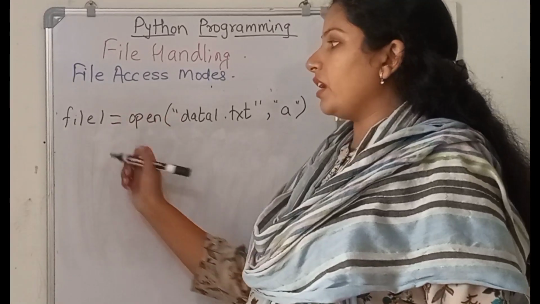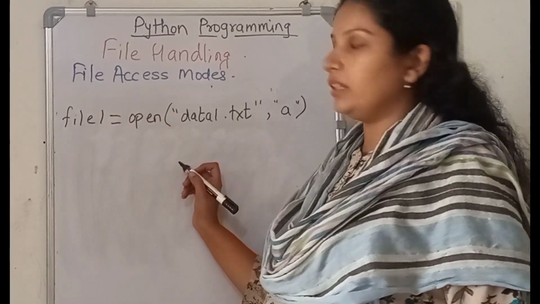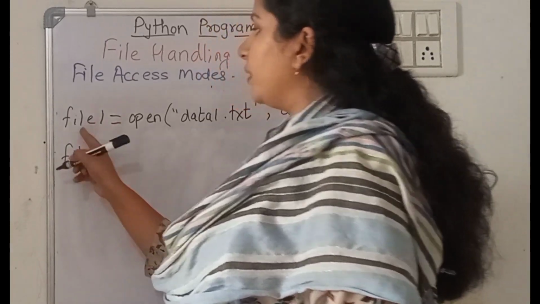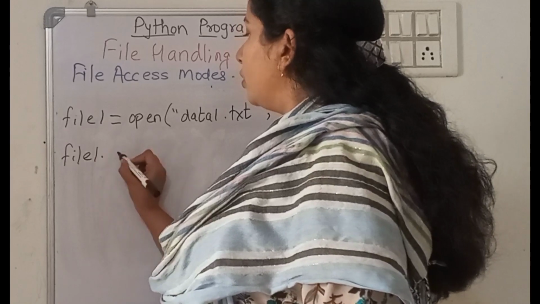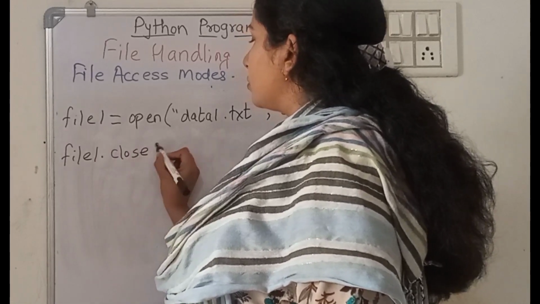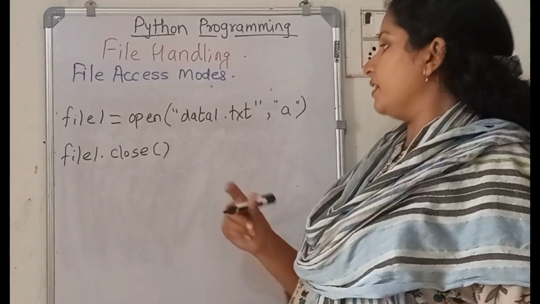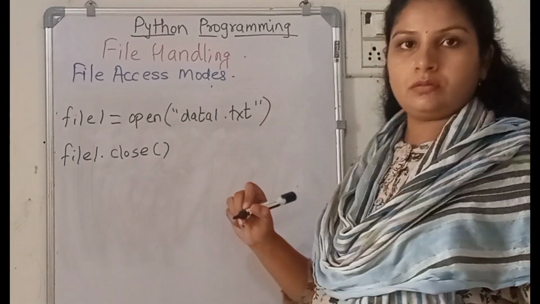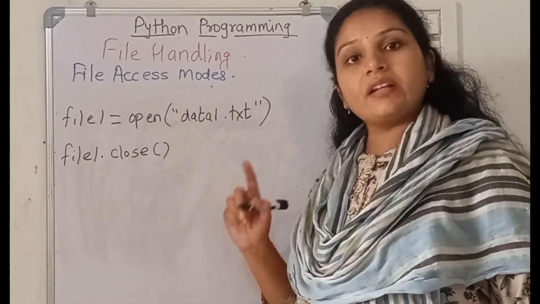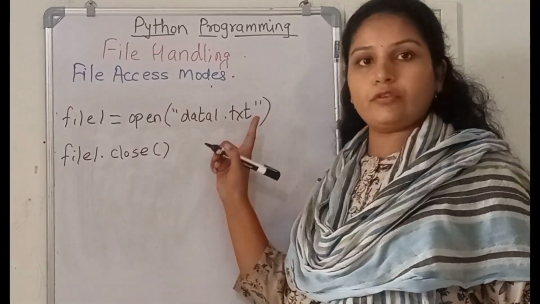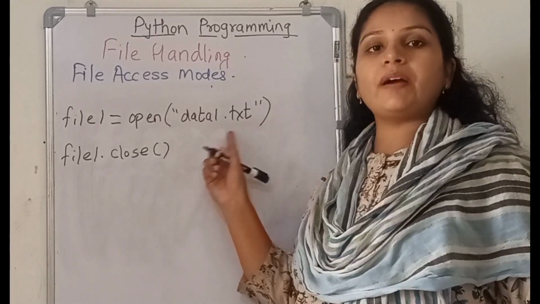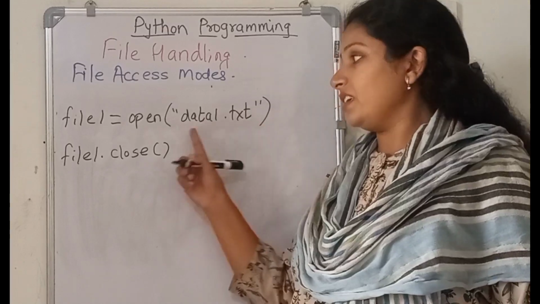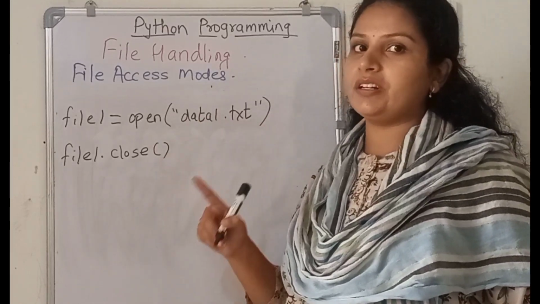After that you can perform the operations on the file and then close the file by mentioning the file object, file1.close. And suppose you don't mention the mode, by default the read mode will be used. If you don't mention the mode, by default Python considers the read mode, and again you need to make sure that this file exists in the computer system.